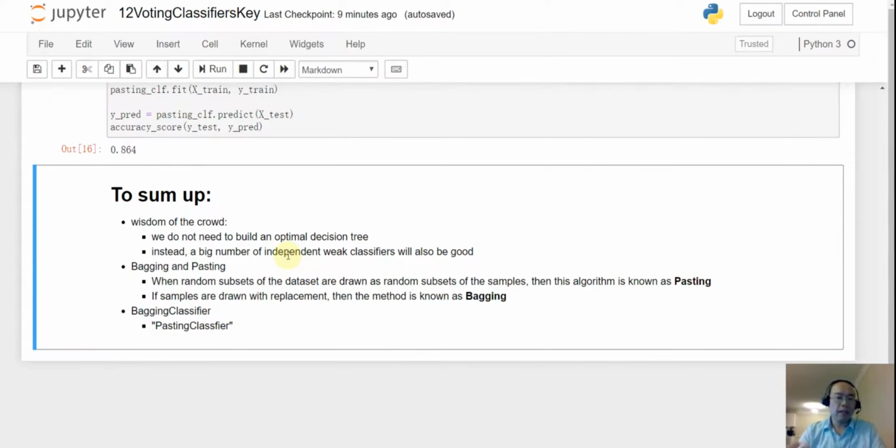The better idea is to use either bagging or pasting, using one ensemble of the same type of machine learning model, but feeding each model or predictor with an independent subset of the data. Finally, we talked about the bagging classifier, and inside the bagging classifier, if you want to do a pasting classifier, remember that is also doable.